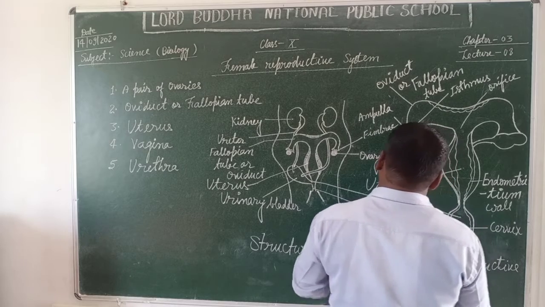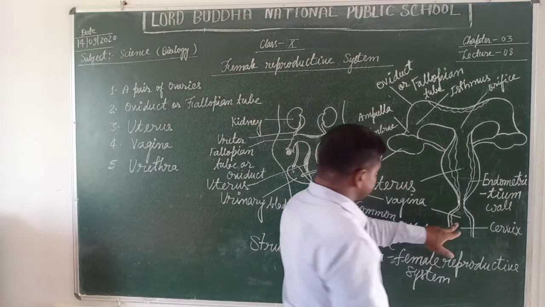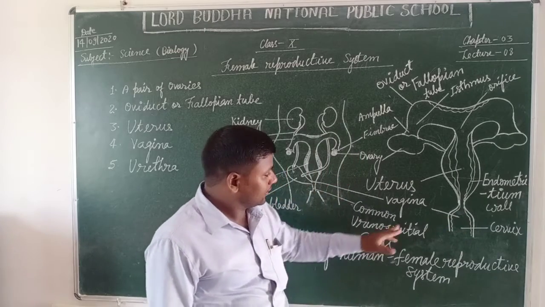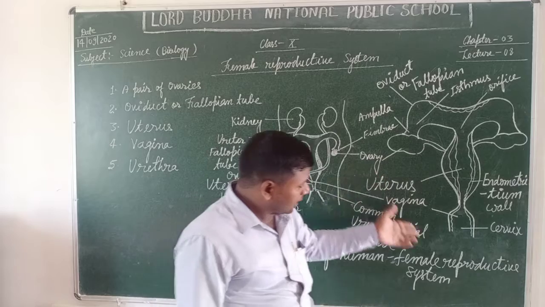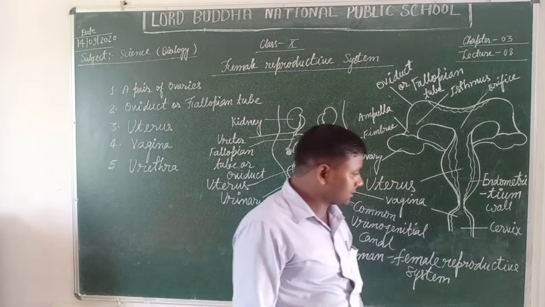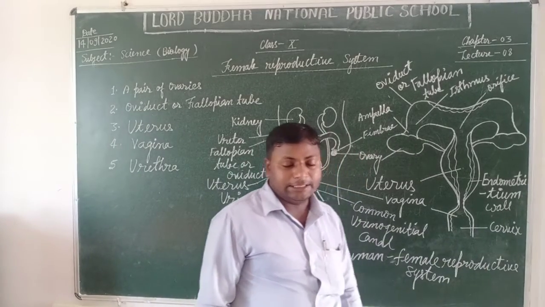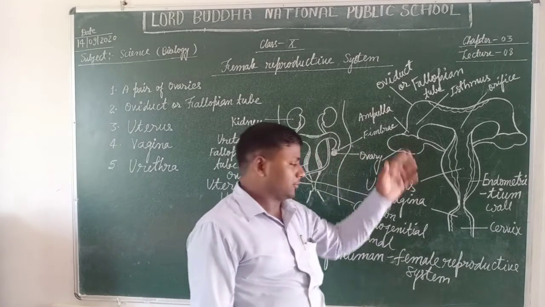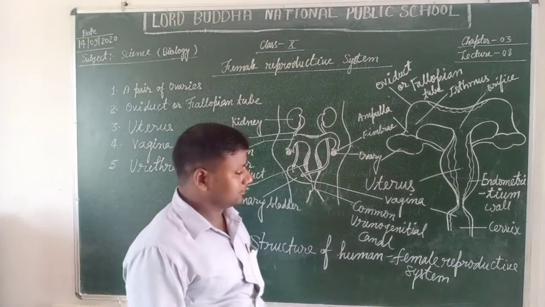And students, this is the vagina. This is the region that receives the semen during copulation by the male, and this is the cervix. The neck of the vagina is called cervix. On either side of the cervix, the Bartholin glands are present.